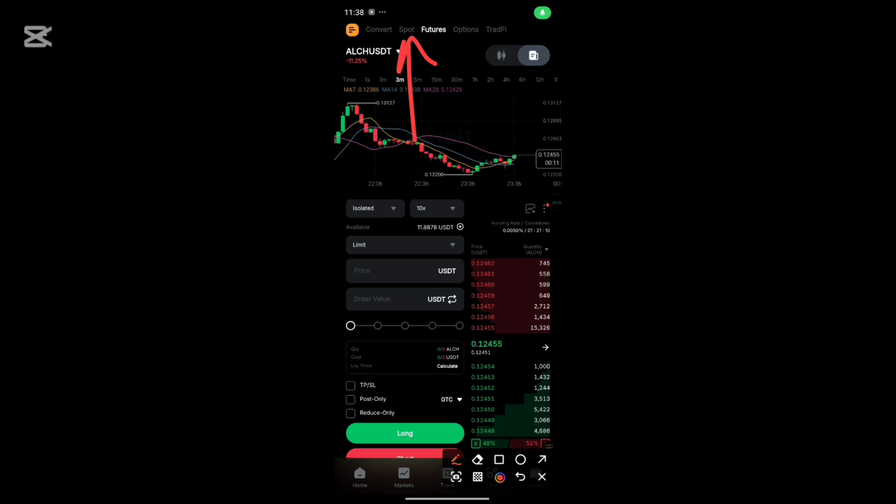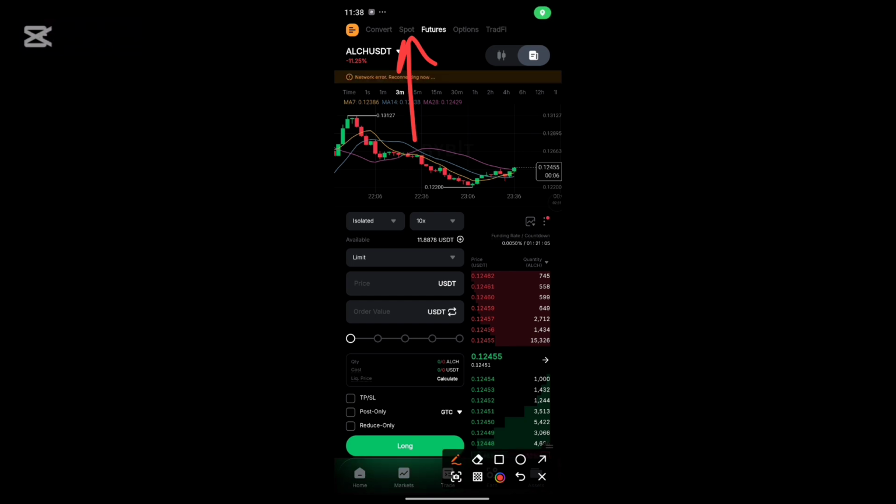You can hold an asset for 1 year, 1 month, 2 weeks, depending on your choice. So spot trading is just about buying an asset at a particular point, then waiting for the price to appreciate, then you sell at a particular point.